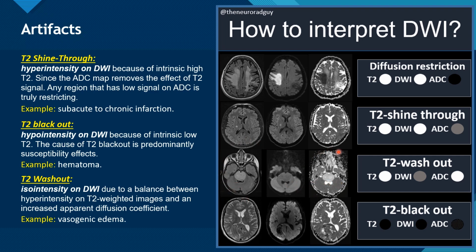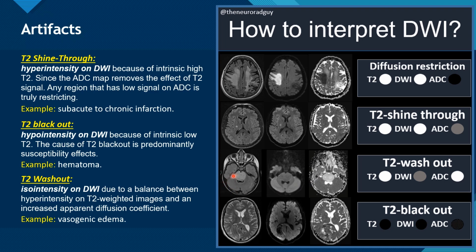We previously mentioned that in the ADC map, anything which appears high signal or has a steep slope has facilitated or free movement of water particles, such as CSF or areas with limited cellularity. So in this low cellularity tumor, we have a high ADC due to the steep slope giving a high signal on ADC.